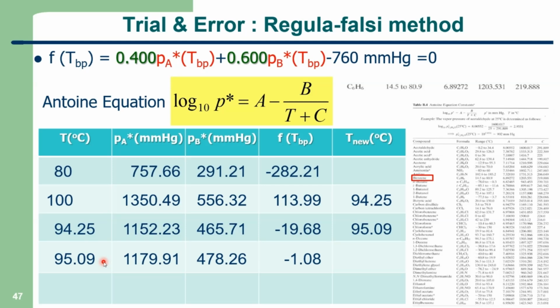Okay, I think I will give you a point already. Then you do it again, 95.14. And in the end, you think it is very close to 0, then this is the answer, 95.14. So 95.14 is bubble point. Temperature is always trial and error, okay?